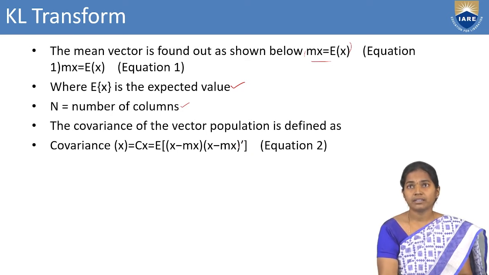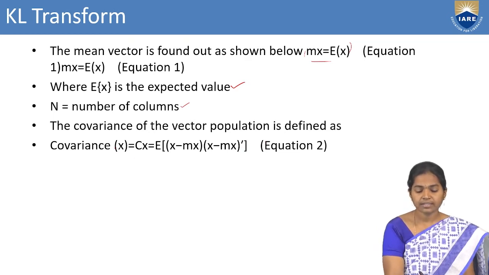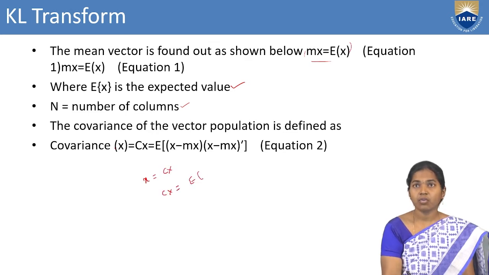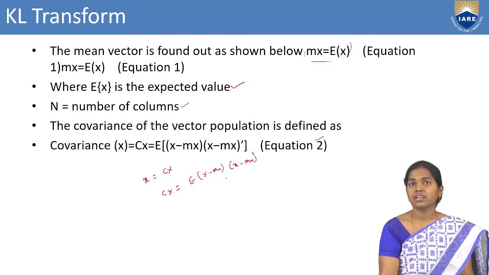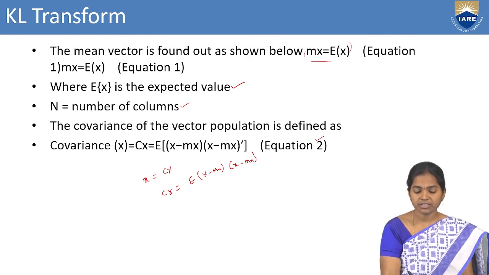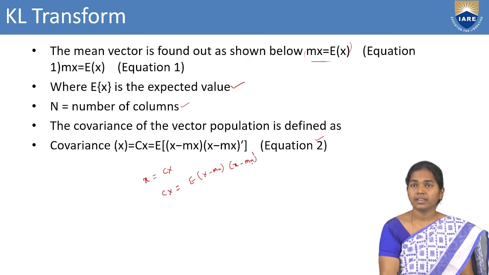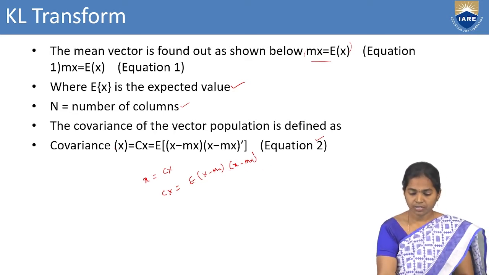The covariance of the vector x we represent as Cx, where Cx equals E of (x minus mx)(x minus mx) transpose. This is equation number 2. So first, mx equals E of x, and the covariance Cx equals E of (x minus mx)(x minus mx) transpose.